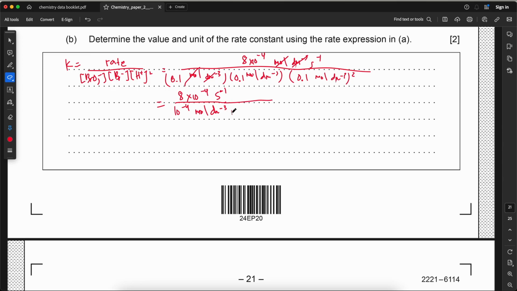This would be squared, mol squared, and dm⁻⁶. Then it will be 8 times, this one stays the same, and mol, there are 3, so mol⁻³ dm⁹ s⁻¹.